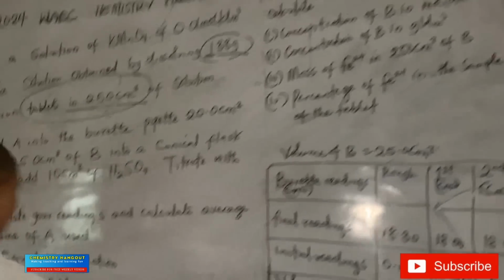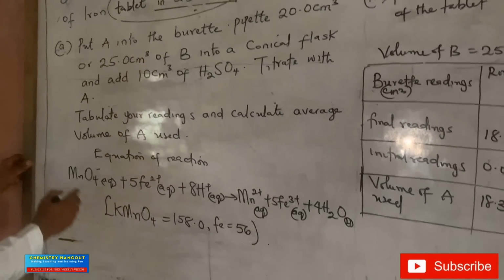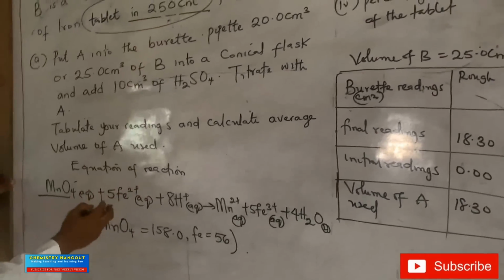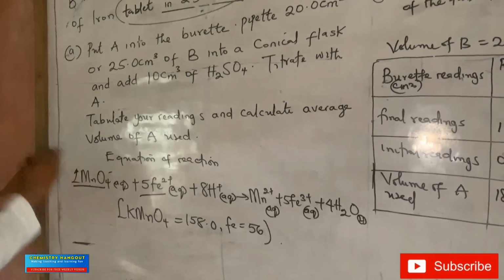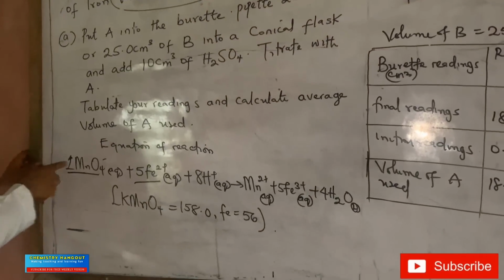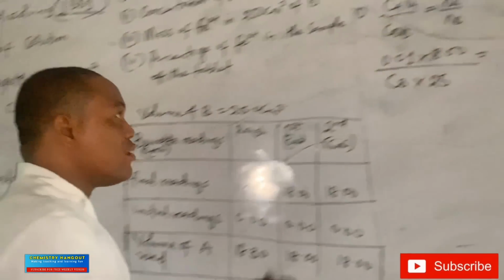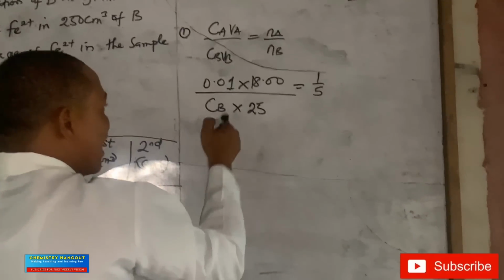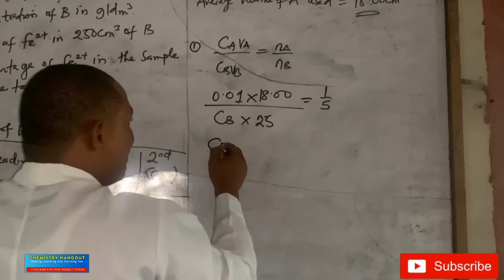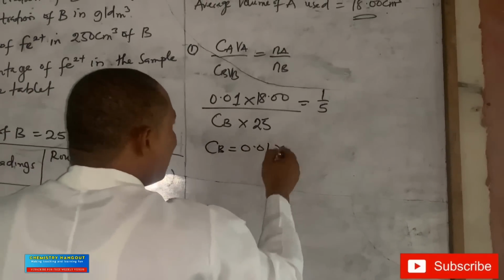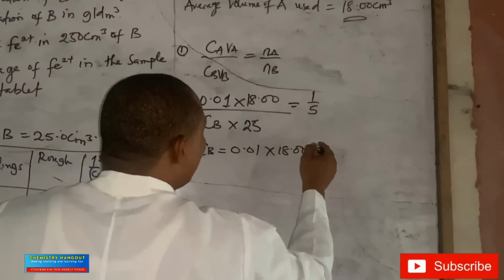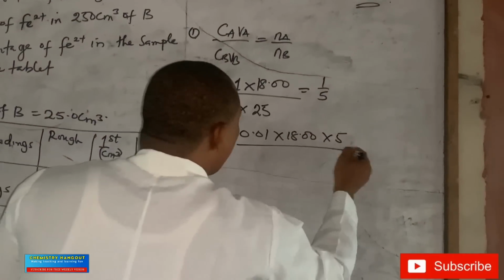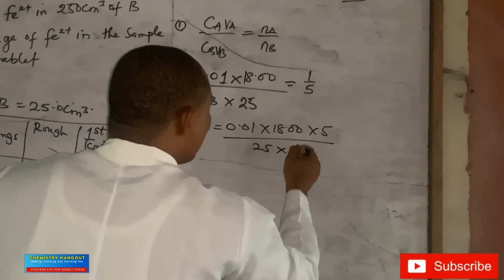Let's come to the equation of reaction. They have given us that A is MnO4 and B is this. What is the mole ratio here? There's an invisible 1 here, so 1 to 5. Making CB the subject, CB equals 0.01 times 18.00 times 5 over 25 times 1.